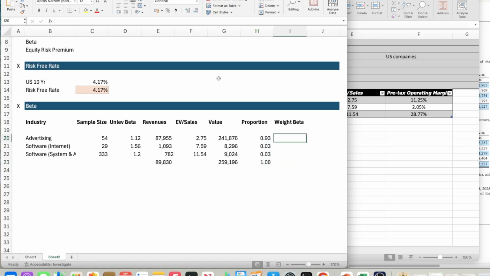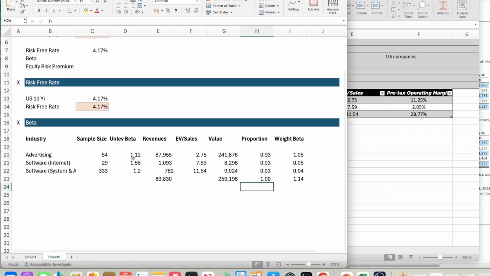Yeah, equals 1. So now the weighted beta, how do we do this? Multiply the unlevered beta by the proportion. Then we just do the sum: 1.14. So it's not too far off.